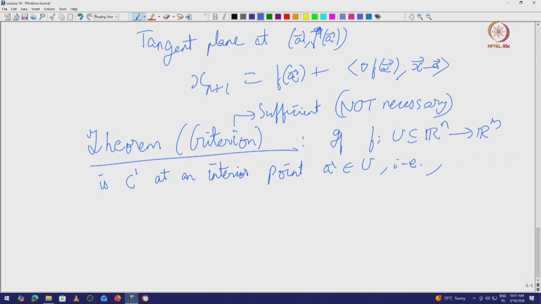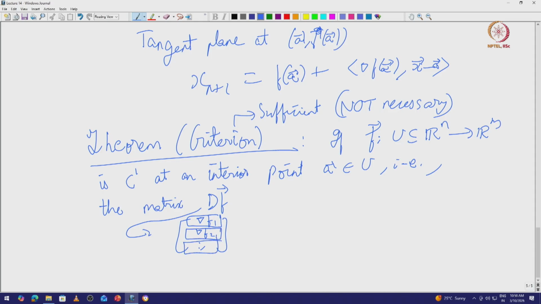That is, the matrix df. What is df? Maybe I'll put a vector symbol just so that we are on the same page. What is df, the derivative matrix? Well, just to recall what it is, it's simply the gradient of the first component, the gradient of the second component, etc. These are all rows, and these form the rows of the matrix.